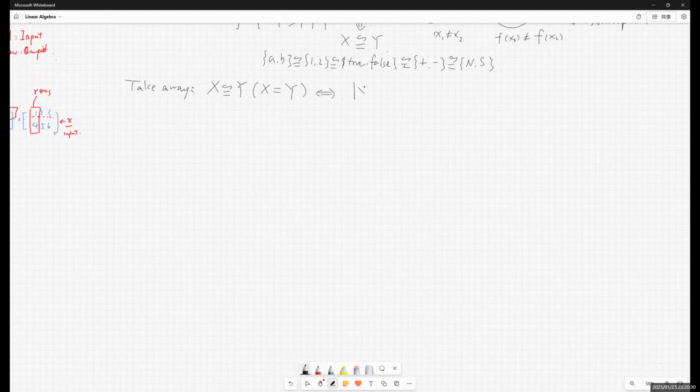Then we have the same cardinality. Okay, so is there any relationship between the cardinality of sets and linear algebra? The answer is yes. But we should get very familiar with the operation of cardinality.